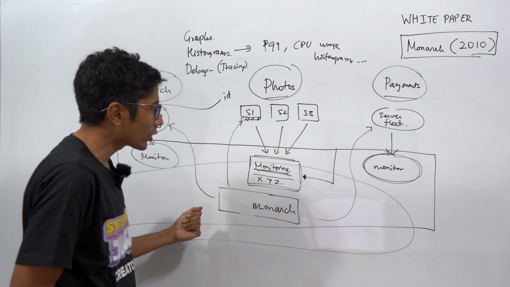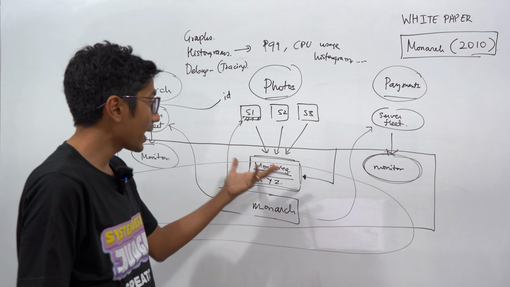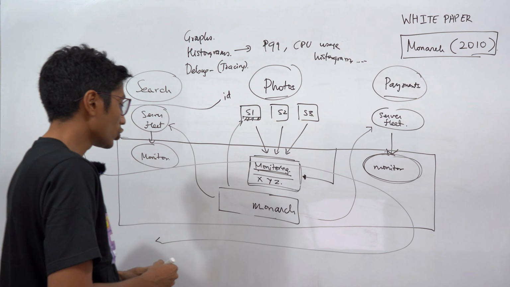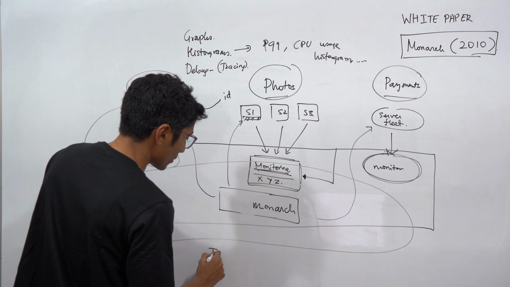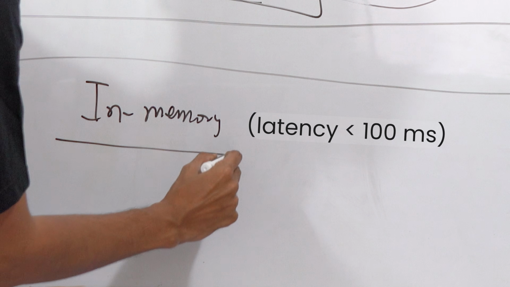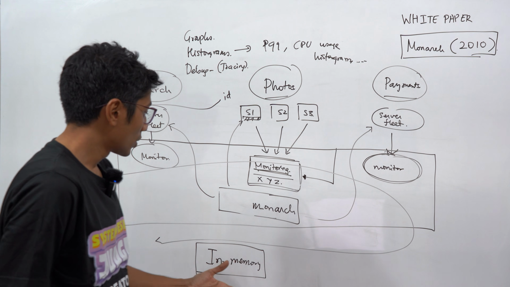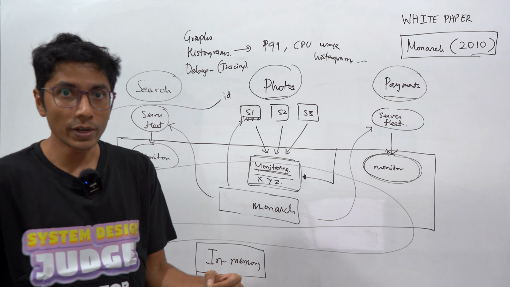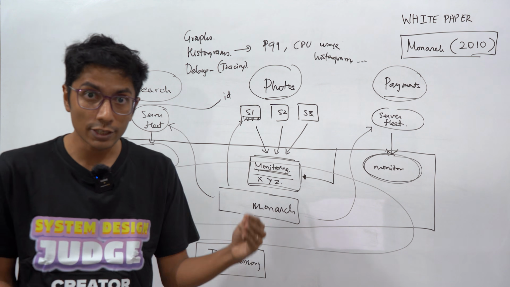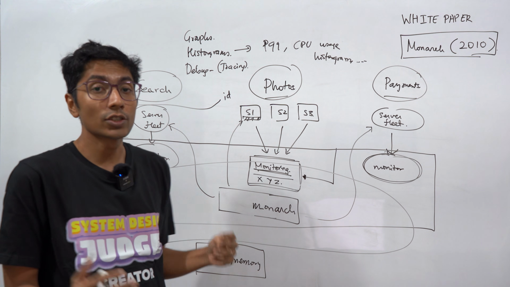And one decision that you make almost immediately is you have petabytes worth of data which has to be accessed at any given point in time. So this system has to be in memory. An in-memory data store having petabytes worth of data is going to be a very expensive system, but hopefully with the requirements that we have, it's going to be worth it.